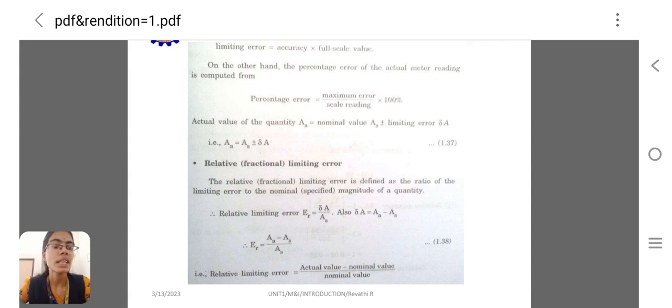Relative fractional limiting error is defined as the ratio of the limiting error to the nominal magnitude of the quantity. Relative error is defined as actual value minus nominal value, divided by nominal value.